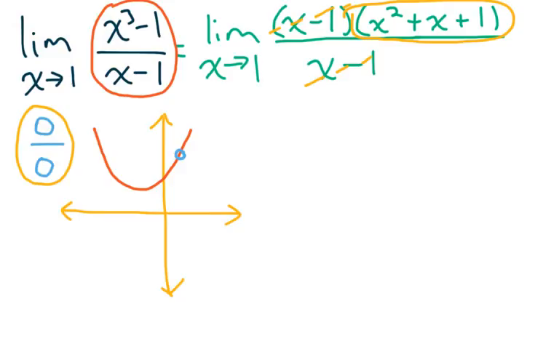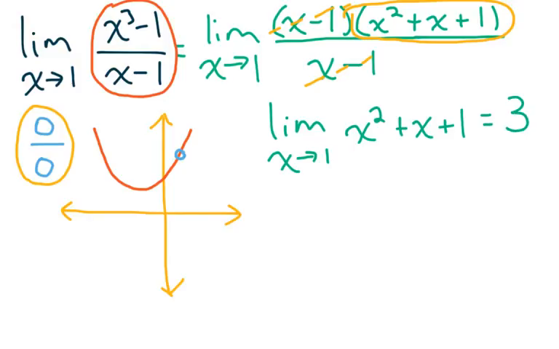So now that we have eliminated the offending terms, the things that made us divide by 0, we are safe to plug 1 into the leftover function. So x squared plus x plus 1 gives 1 squared plus 1 plus 1, which is just going to give me 3.